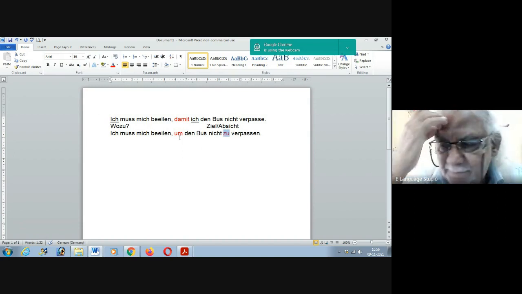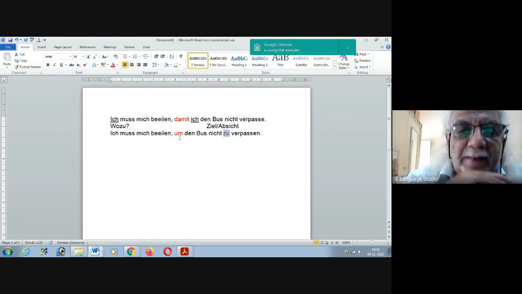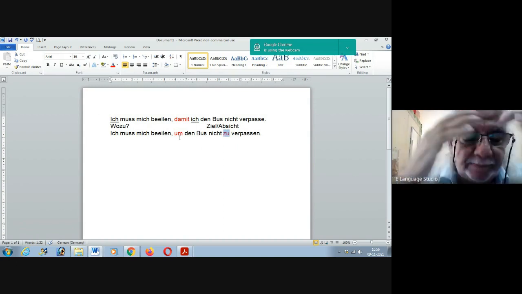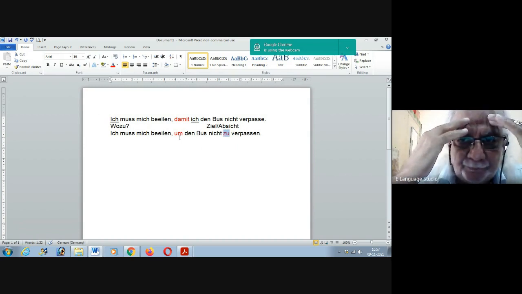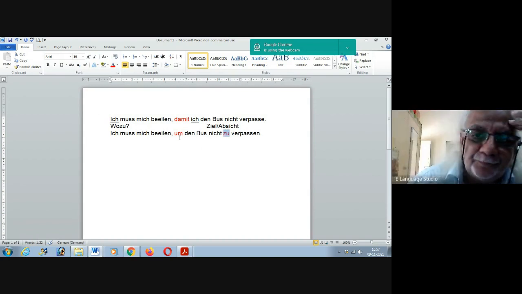So as per the grammarians in many books, a um zu sentence is shorter than a damit sentence. I don't see how. In fact, it's longer. 1, 2, 3, 4, 5, 6. 1, 2, 3, 4, 5, 6.